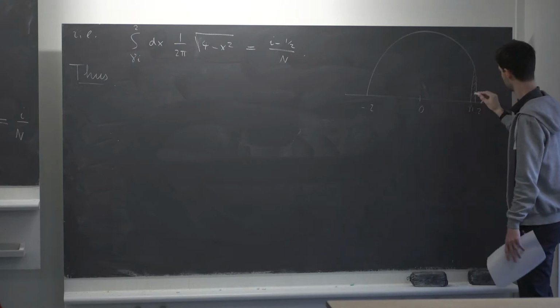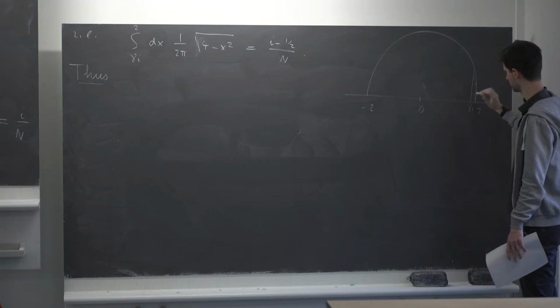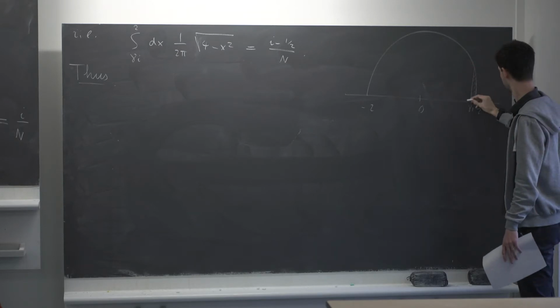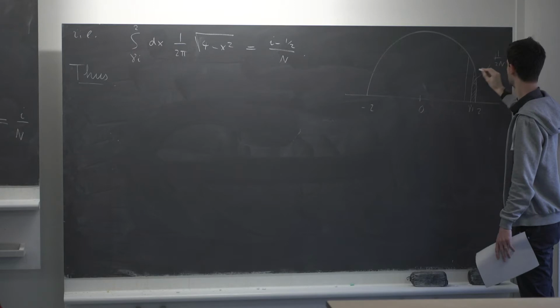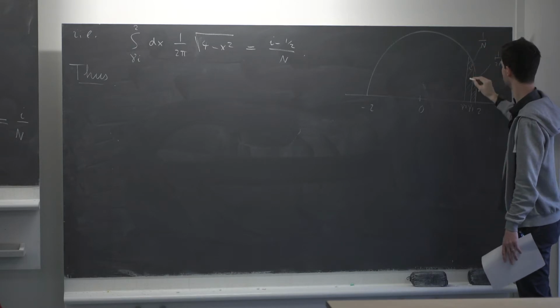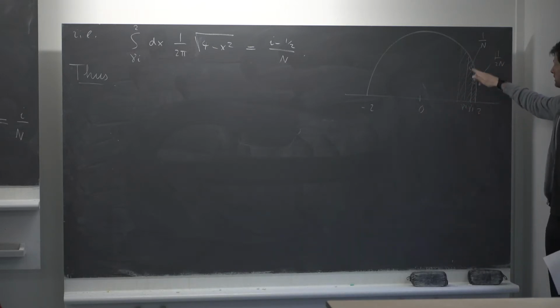So this is gamma 1, and then they come in not in regular spacings, but in regular areas. So the next one, this area has 1 over 2n. This is gamma 2, and so on. With the exception of the first area, which is 1 over 2n, these areas all have the same area.